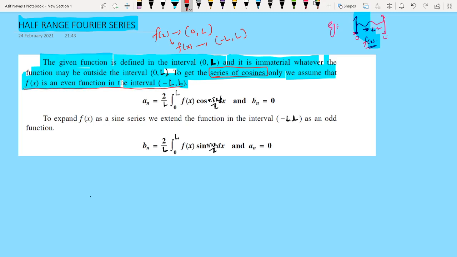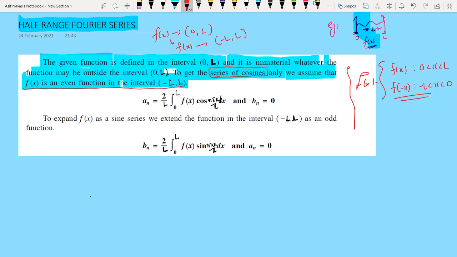I will give you the extension. If we have f of x for 0 less than x less than L, then we define f of minus x for minus L less than x less than 0, so that this function is an even function.